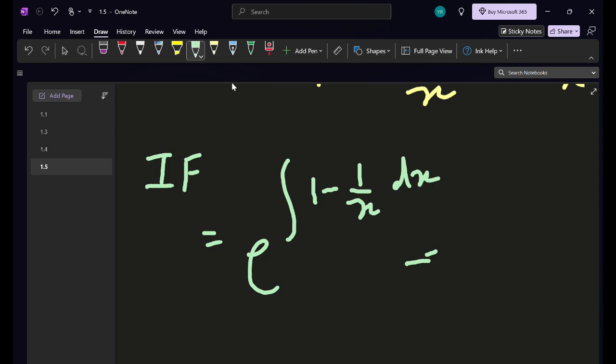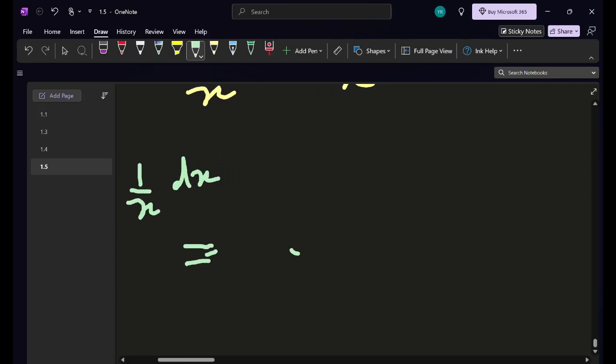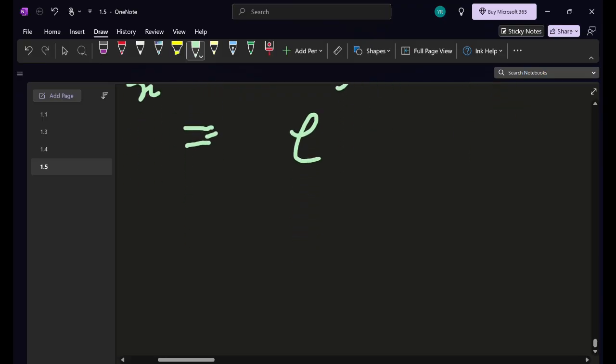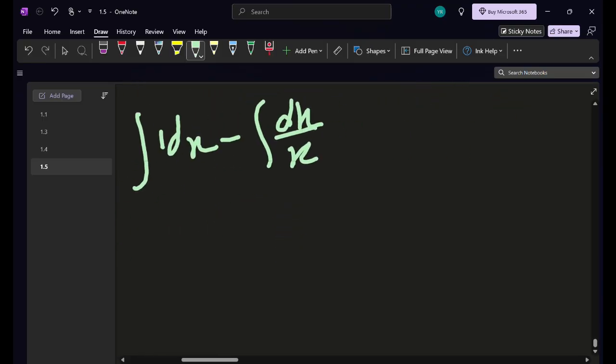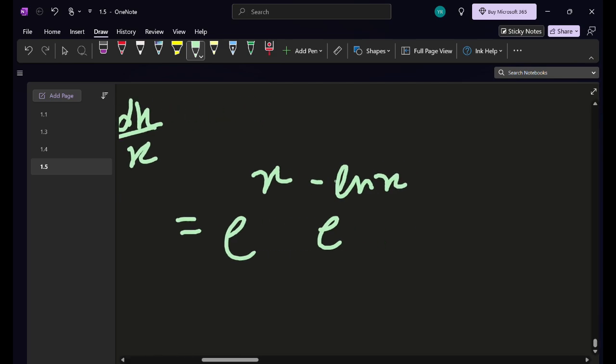This can be written as e to the power of the integral of 1 dx minus dx/x, which can be further written as e^x minus e^(ln x).